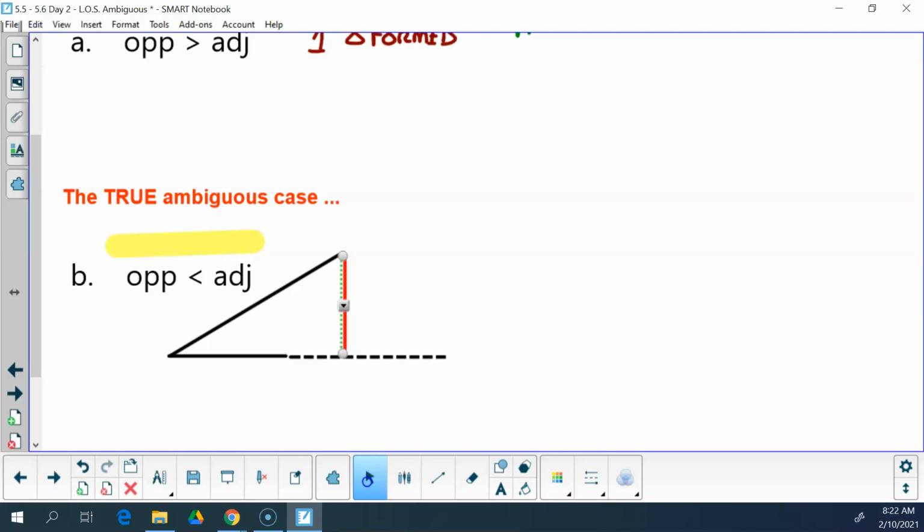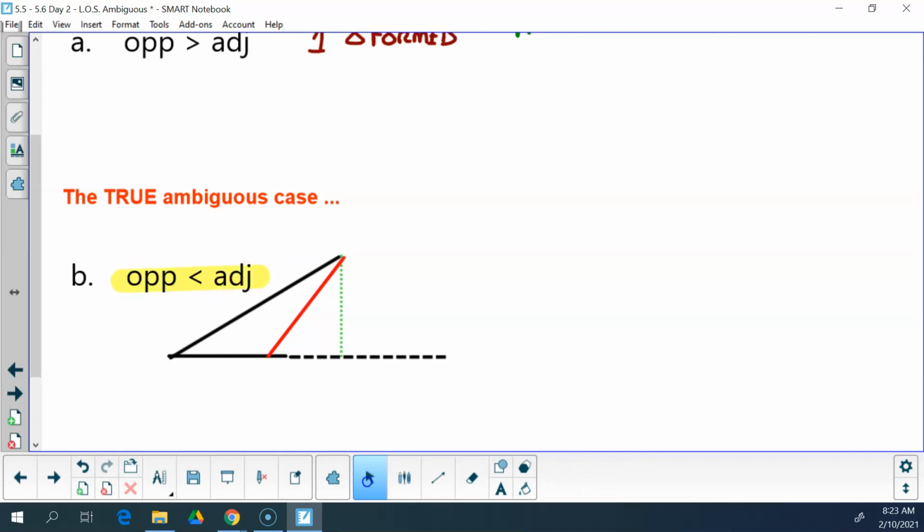I could have no triangle formed there. Or if it's just long enough, I could have one triangle formed like that and one triangle formed like that. So it would form two triangles.